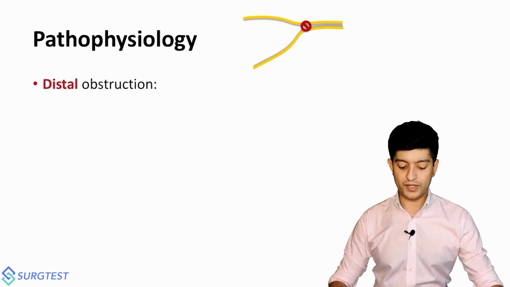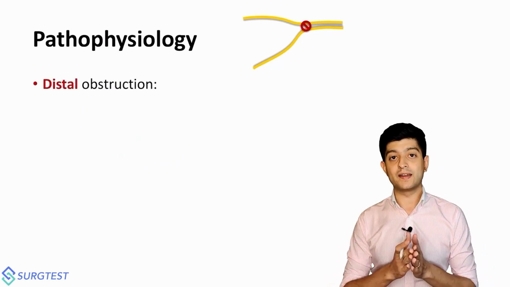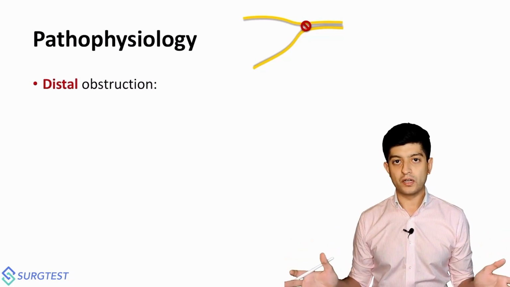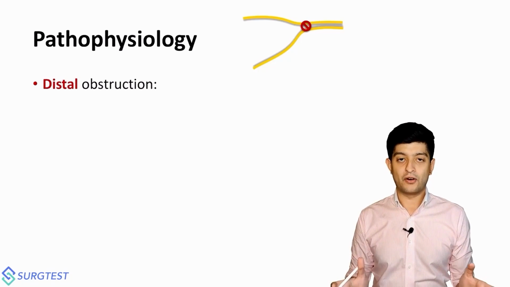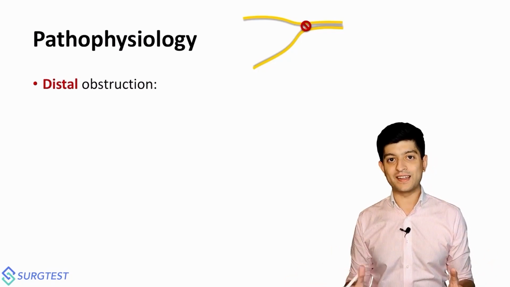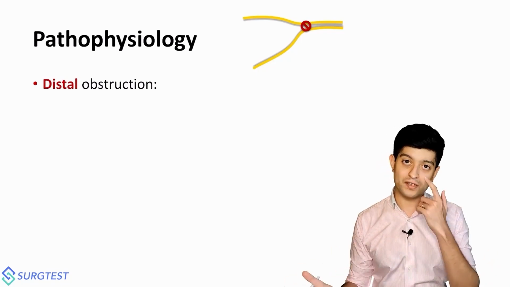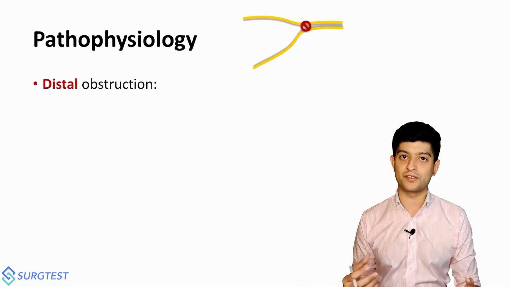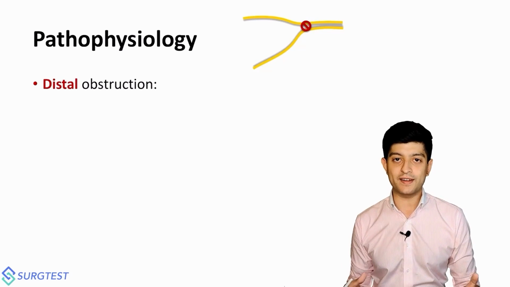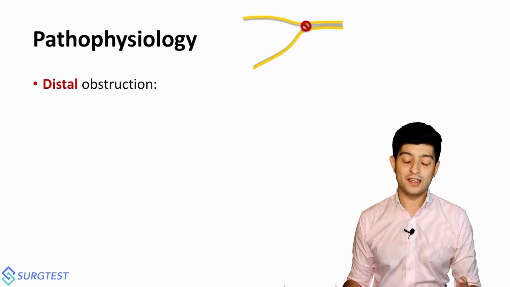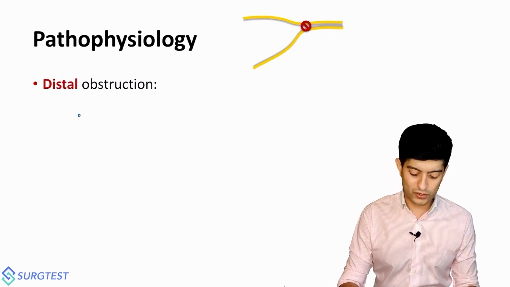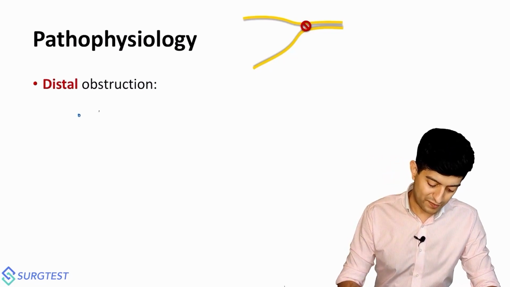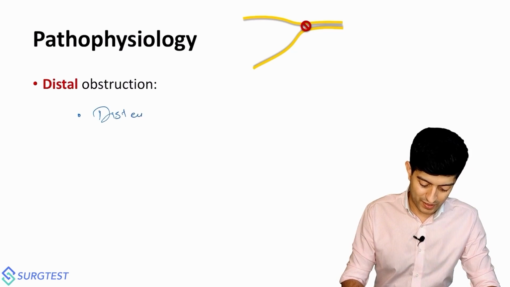In contrast, when you have a distal obstruction, the length of bowel proximal to the obstruction level is quite long. So the capacitance of the bowel has now increased to be able to accommodate all of the increased intraluminal contents, the fermented matter, the swallowed air, the biliopancreatic, gastric and salivary secretions, as a result of which these patients don't have vomiting early, rather they have distension as the main issue.